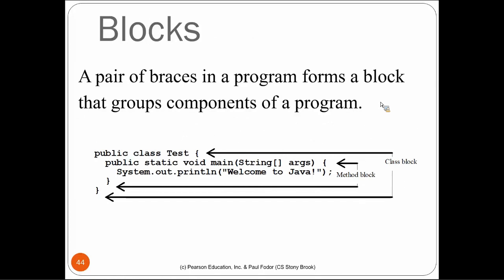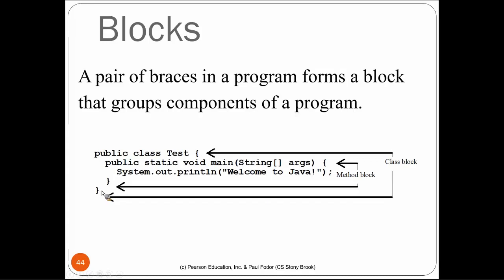If we have multiple statements or multiple methods that belong to the same block, for instance, we want to define multiple methods within the class Test, or multiple statements within the main method, we can use blocks. A block is a pair of braces, open and close braces, in a program that groups the components of the program.